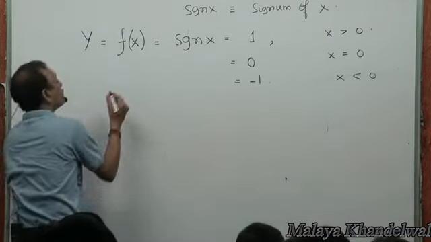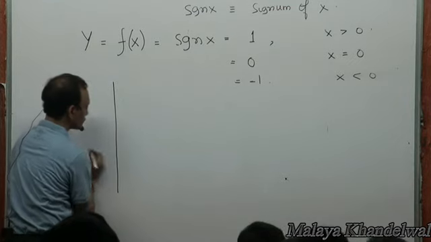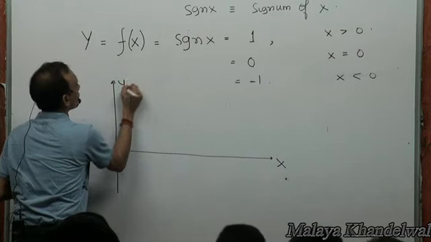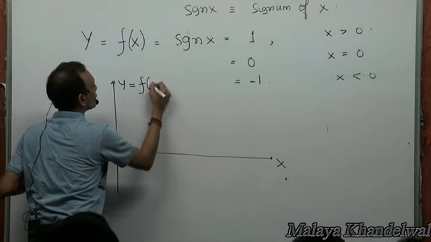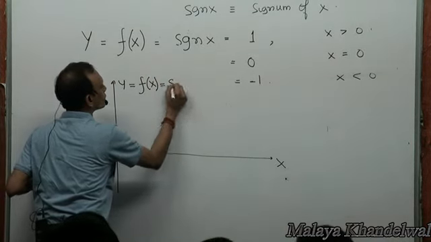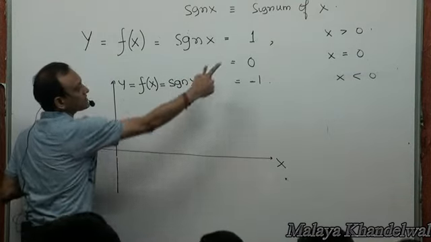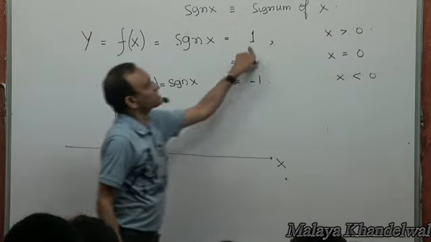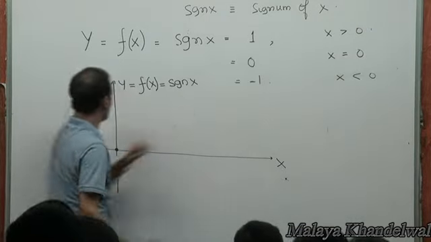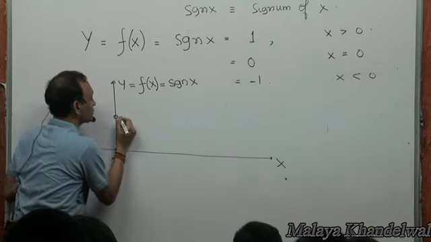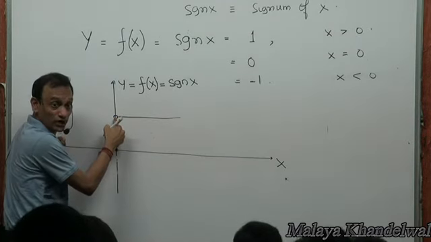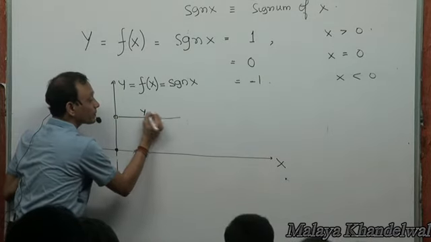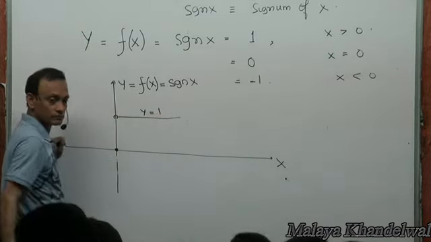And a very ordinary graph, therefore. At x equal to 0, it is 0. For x greater than 0, it is plus 1. So the moment x is greater than 0, this is a kink. This is not a point on the graph of the function. For x greater than 0, y is 1.